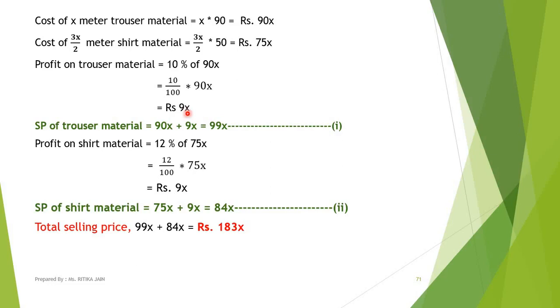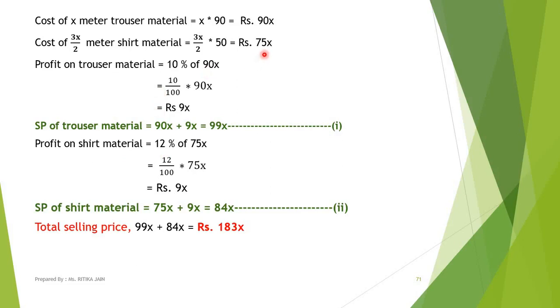Okay. Now, the total selling price, SP stands for selling price. So selling price of trouser material will be cost price 90x plus profit. So it will give us 99x. Clear? Now, move to shirt material. So on shirt material, he gets a profit of 12%. Now 12% of cost price.